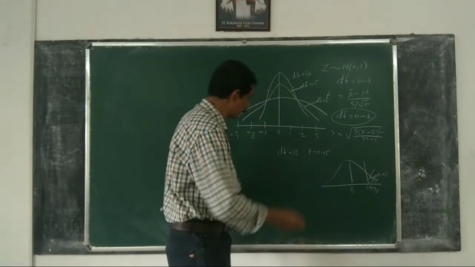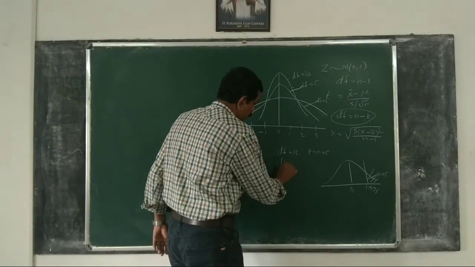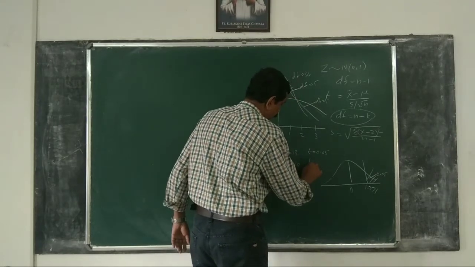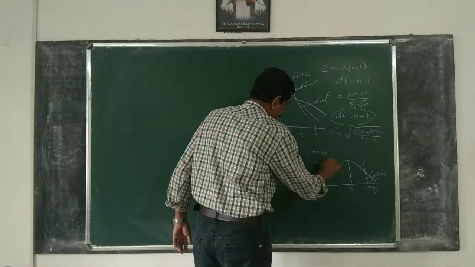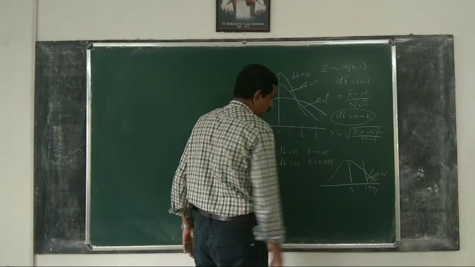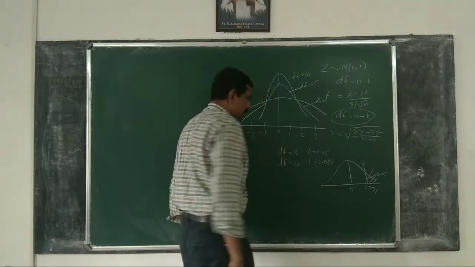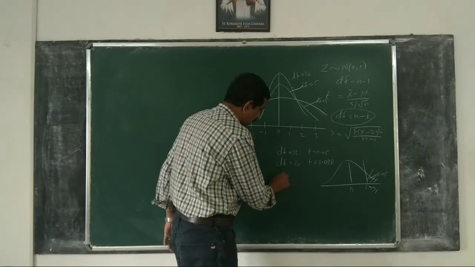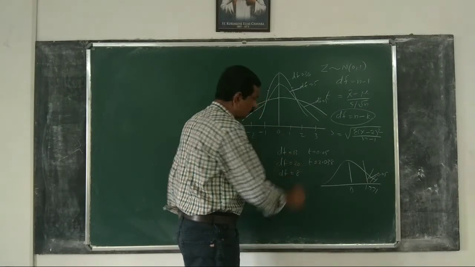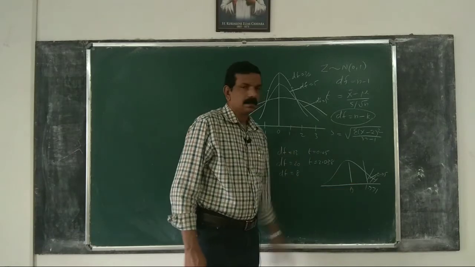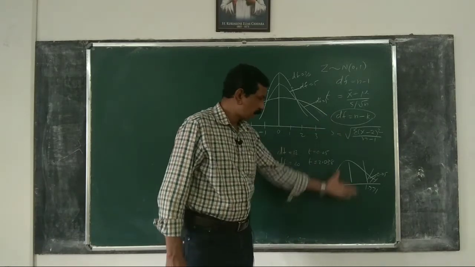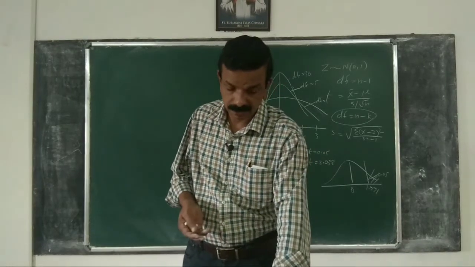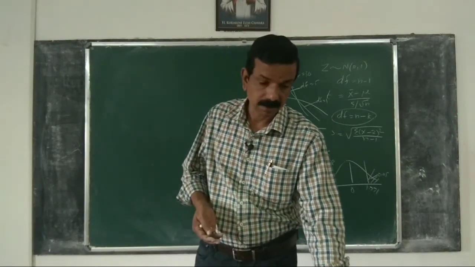If degrees of freedom is 20, t is 2.03 for 5%. It is like that. For a different degrees of freedom, say 8, all these values are given in the t table. You just go through the t table and use it. We will consider concrete examples later.